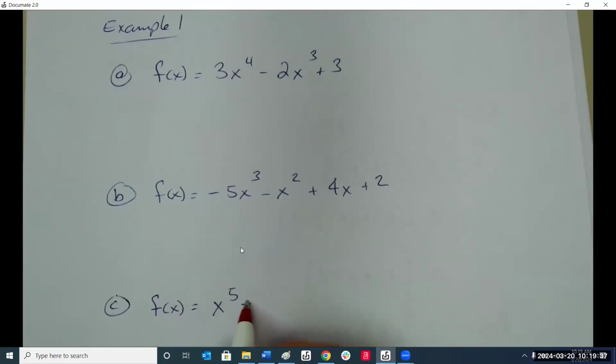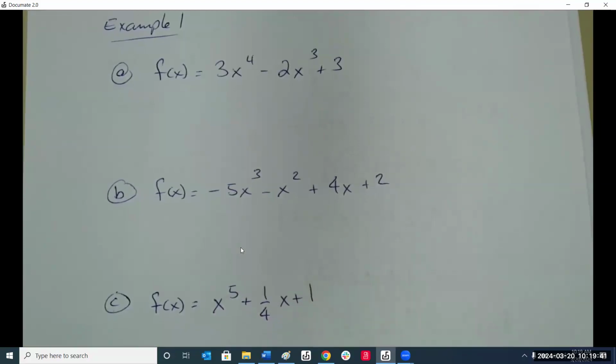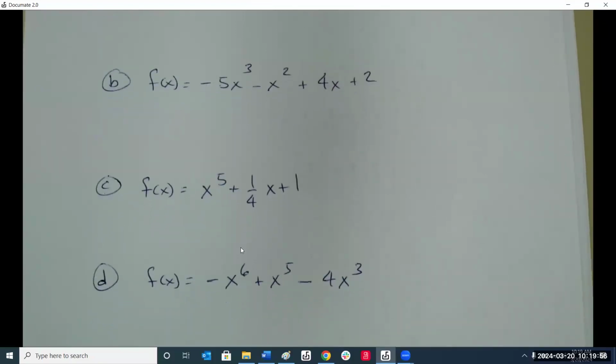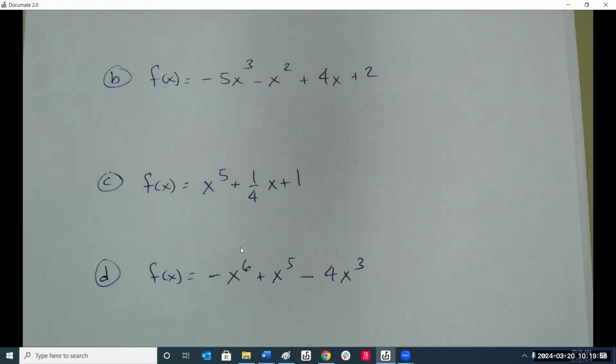And the last is x to the fifth plus 1/4 x plus 1. So let's look at what these graphs will look like when I look at the pictures that I gave you.